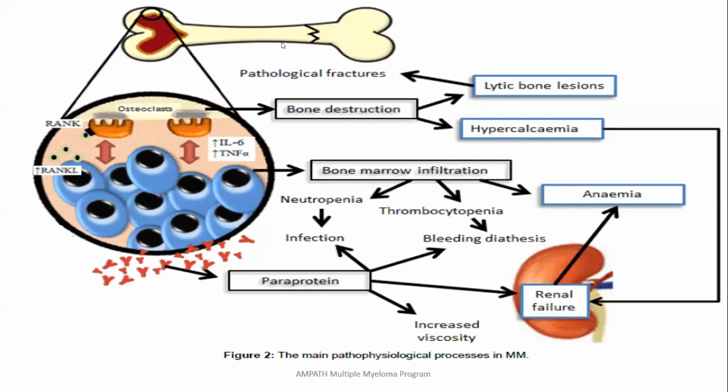Thanks. So I am on the pathophysiology slide, and we are talking about bone marrow infiltration. You will present with bleeding diathesis because platelets have been affected, and neutropenia where you will have infections, and red blood cells are affected, so this patient may present with anemia.